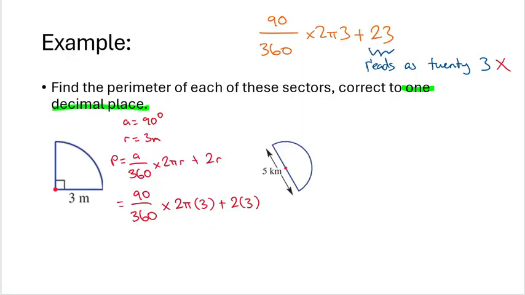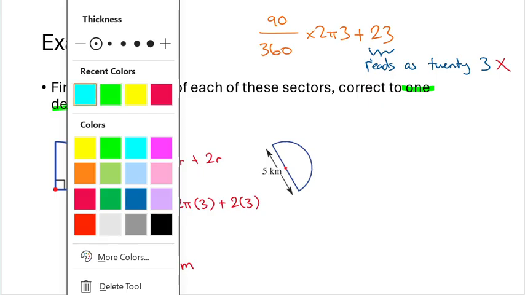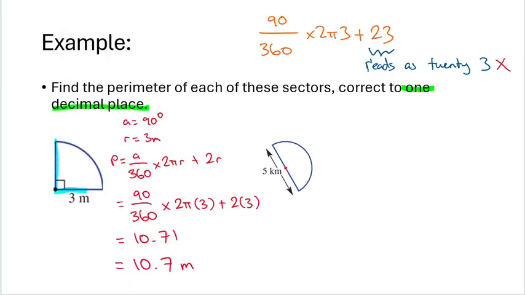So 10.71. But because it's 1 decimal place, we only ended up at 10.7. 10.7 meters. That means the distance in this light blue, the whole distance here, equals 10.7. Okay.